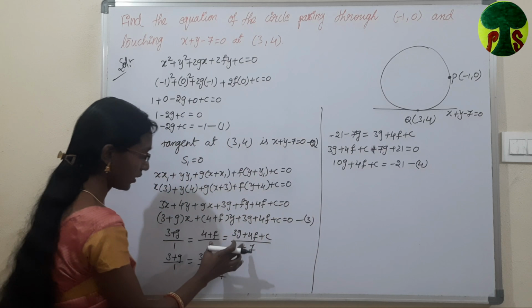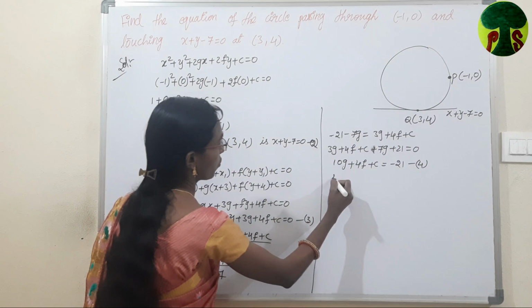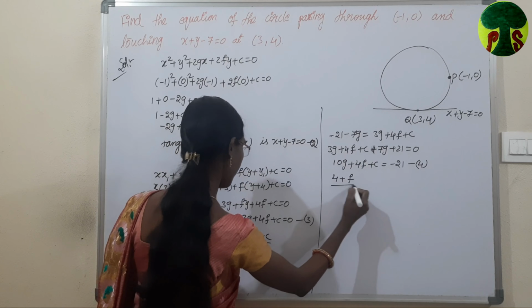Now equate these two. 4 plus f by 1 is equal to 3g plus 4f plus c by minus 7. Again cross multiplication. So 4 into minus 7 is minus 28, plus into minus, minus 7f, is equal to 3g plus 4f plus c.